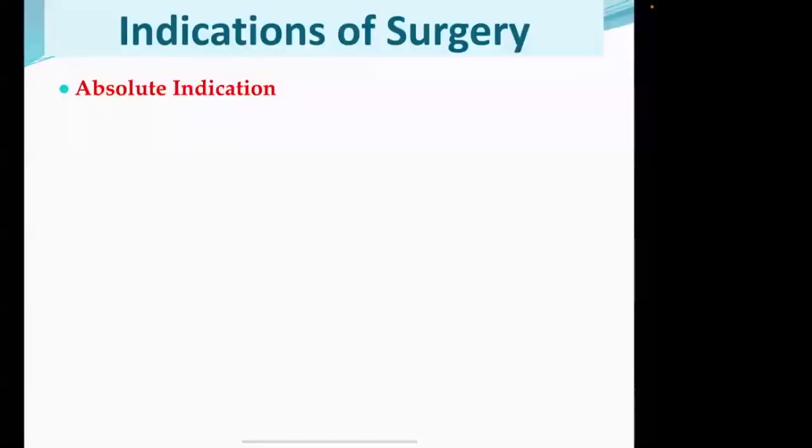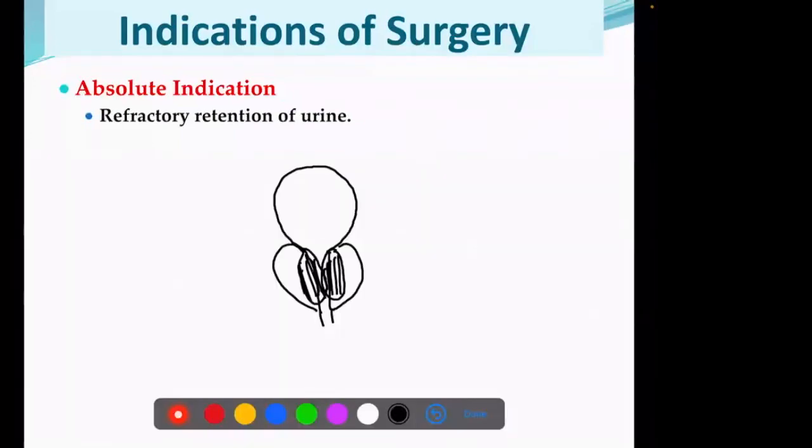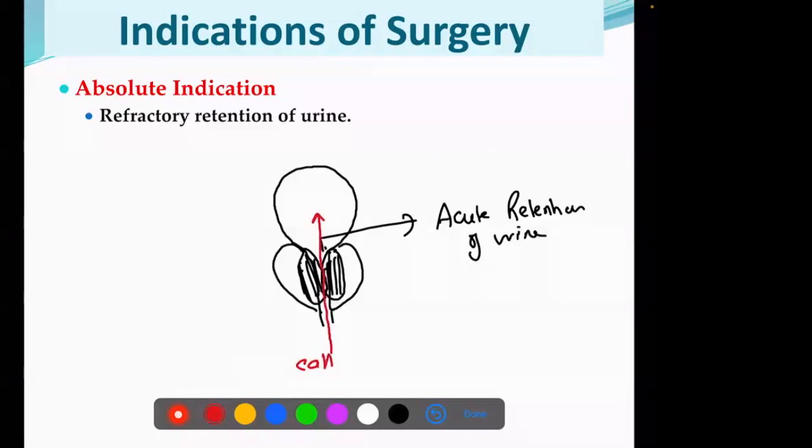There are some absolute indications. That means we always have to do surgery whenever we get these conditions. Refractory retention of urine. Suppose a patient came to you with features of acute retention. What do we do? We put a catheter inside and allow the urine to pass.